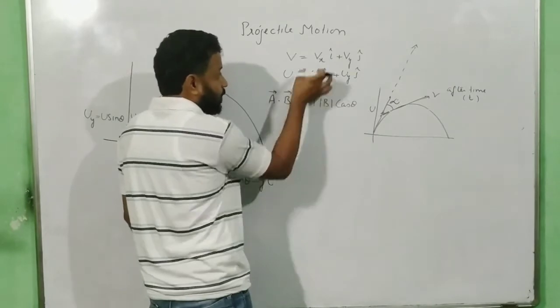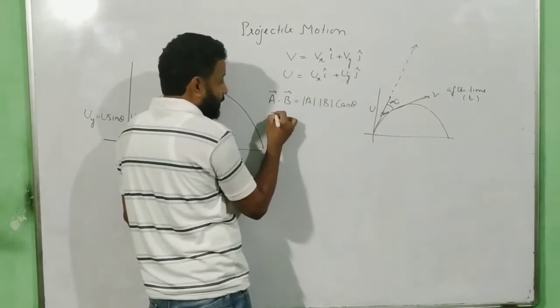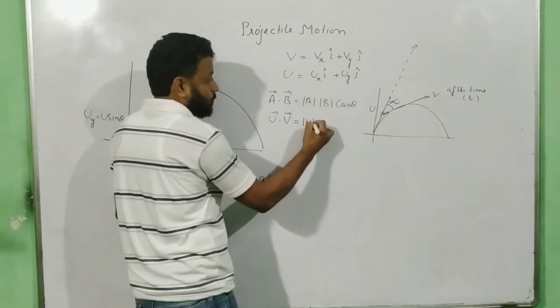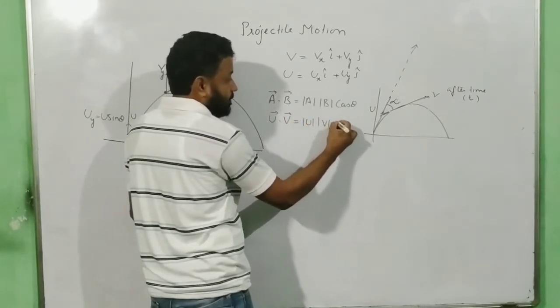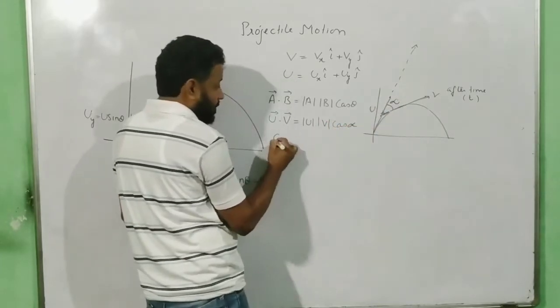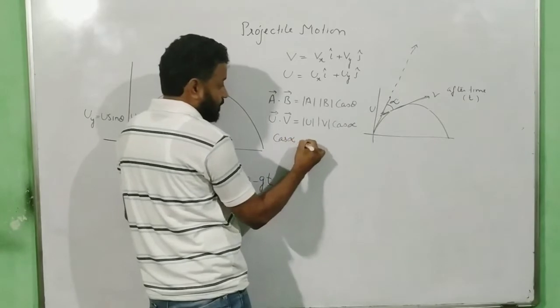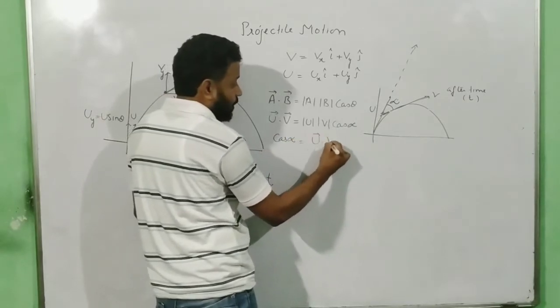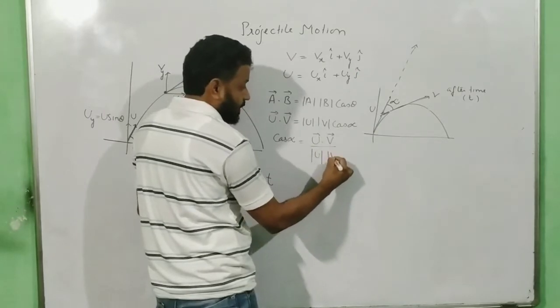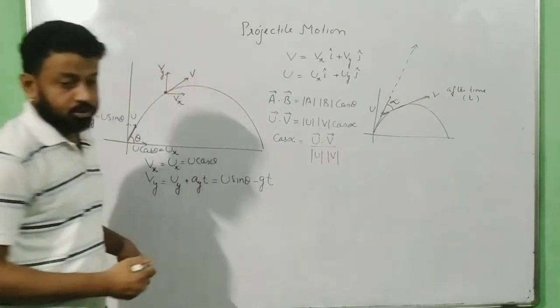If I use this formula here, I have to write u dot v equals mod of u, mod of v, multiplied by cos of the angle, which is alpha. So cos alpha I can find as u dot v divided by the modulus of u multiplied by the modulus of v.